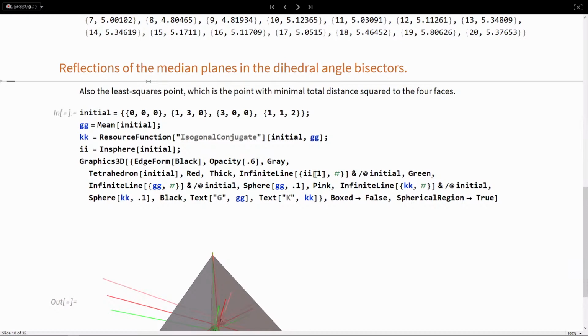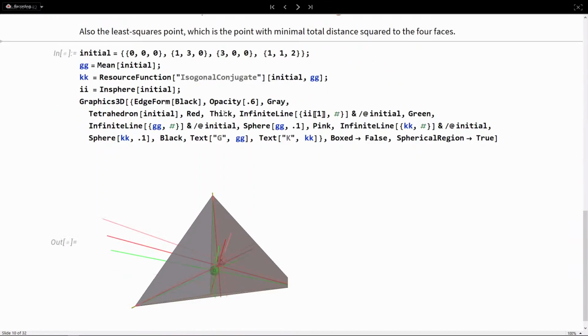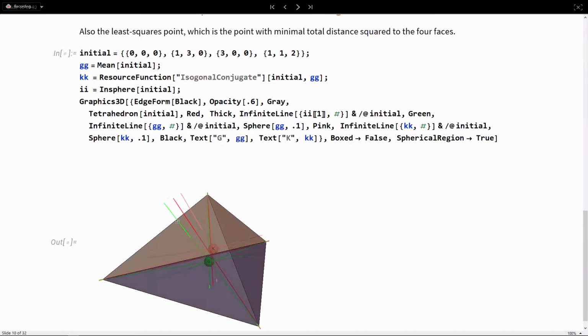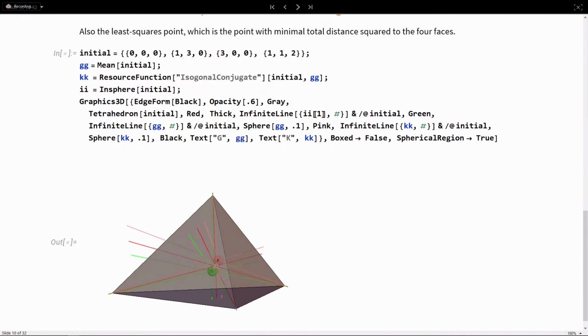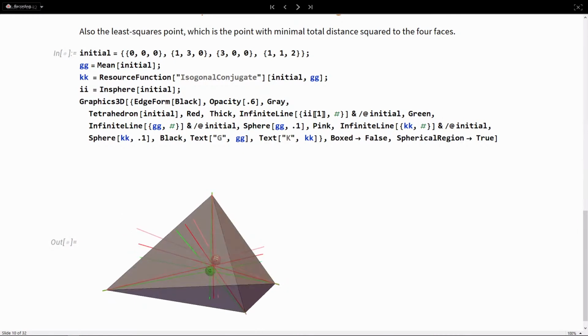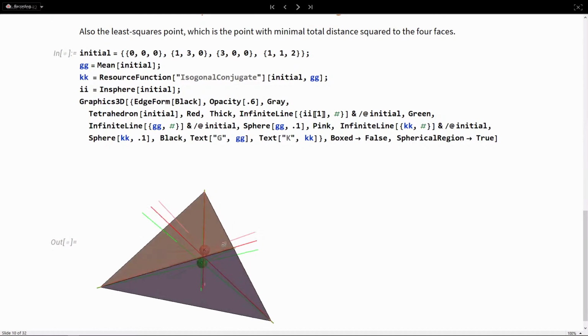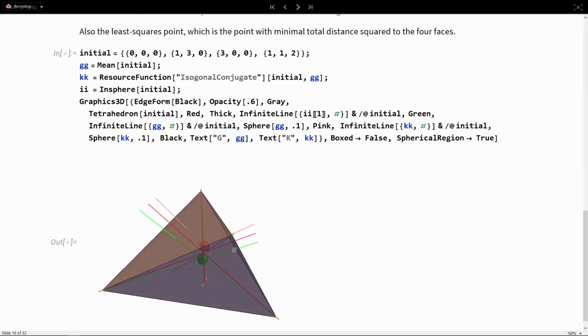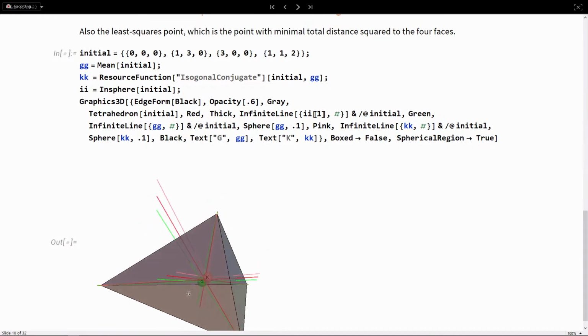Reflections of the median planes in the dihedral angle bisectors will also produce a minimal least squares point, and that's also known as the Symmedian. So here I've drawn a picture where I've taken G, which is the centroid, and K gives the Symmedian, and I've drawn all the various lines that are used for that.